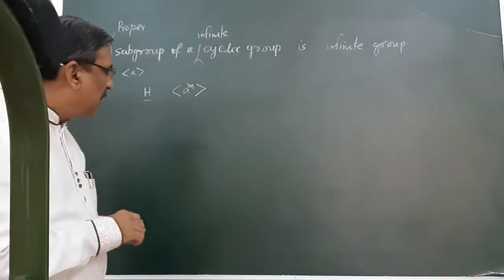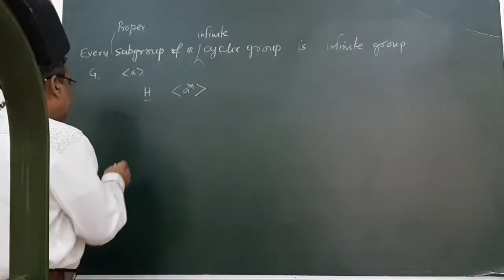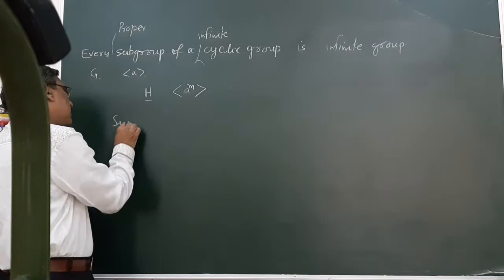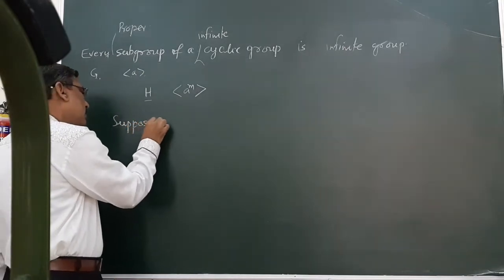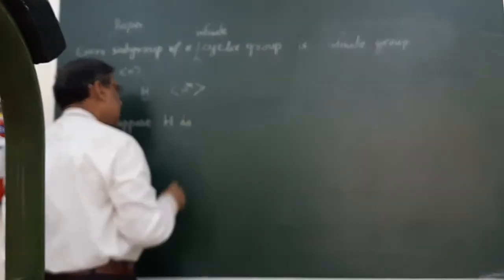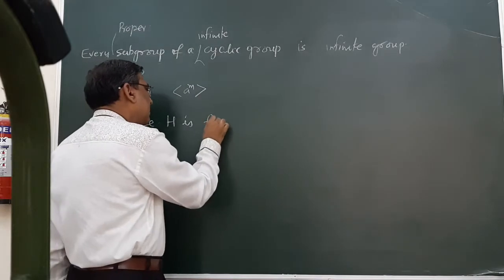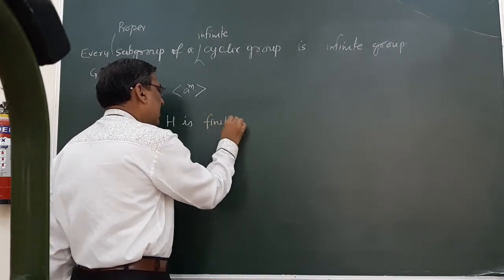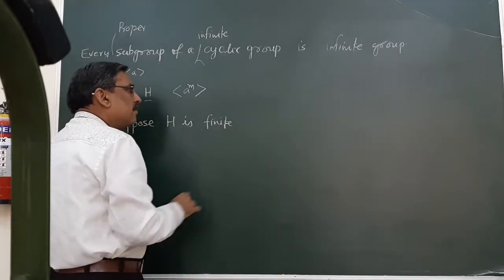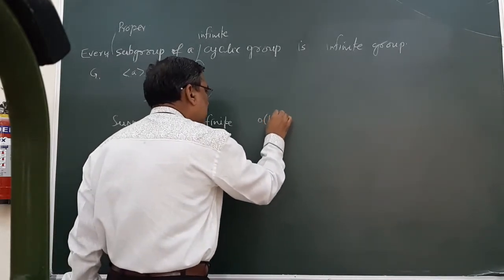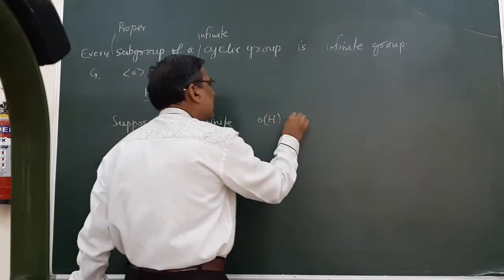On the contrary, let us suppose H is finite. H is finite means the order of H is, say, k.